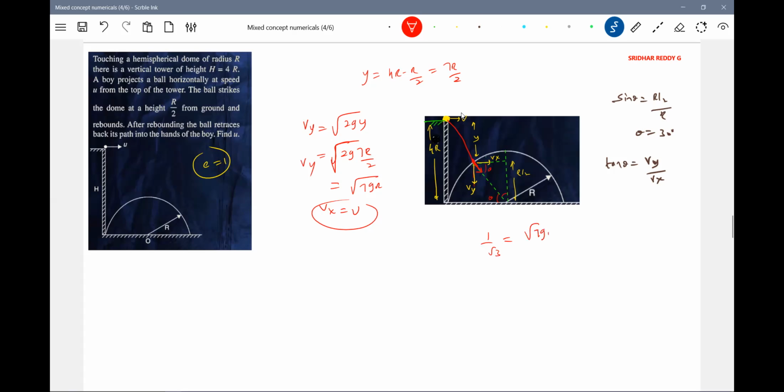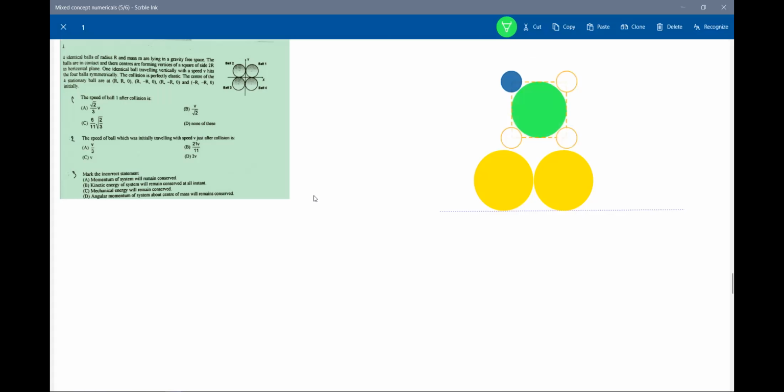We need to draw 4 diagrams because a 3D diagram will be very difficult. The third ball should be identical. It will come and collide here, no? So this is what happens.